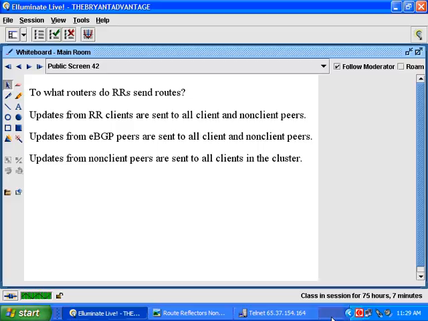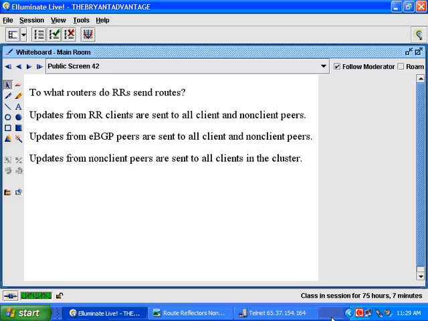So we need to know, to what routers do route reflectors reflect routes? Where are they sent? Well, an update from a route reflector client will be sent to all client and non-client peers. An update from an external BGP peer will be sent to all client and non-client peers. See a pattern here? I think you do.